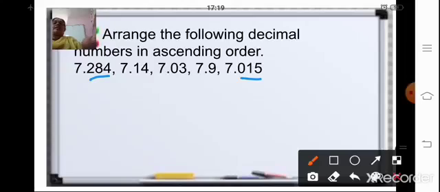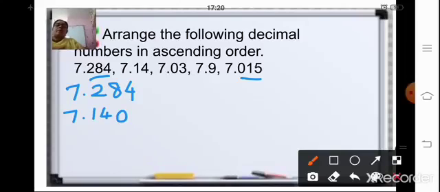The first number will remain as it is, that is 7.284. The second number, 7.14, will become 7.140. So we'll make it like decimal by adding zeros. Now 7.03 will become 7.030.